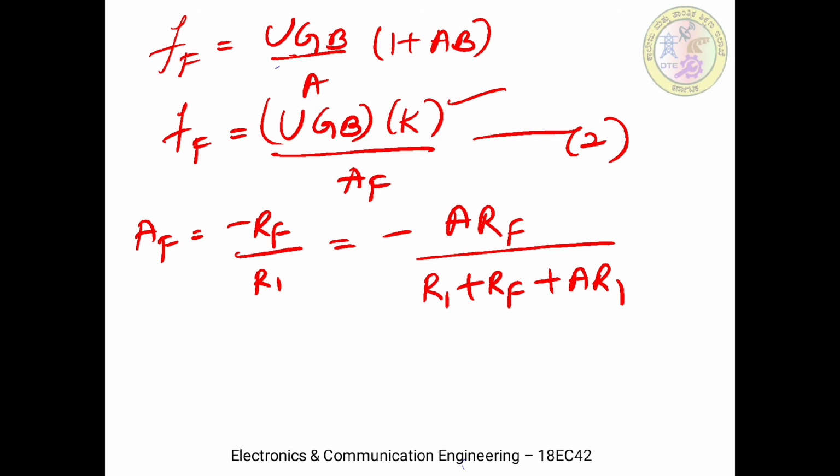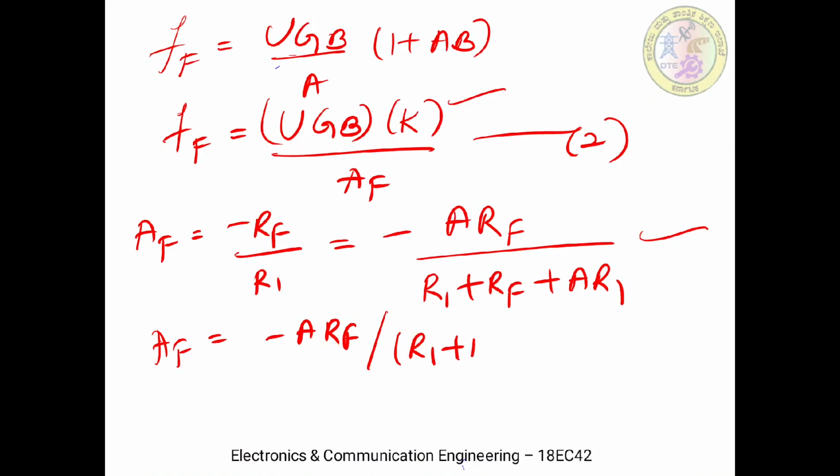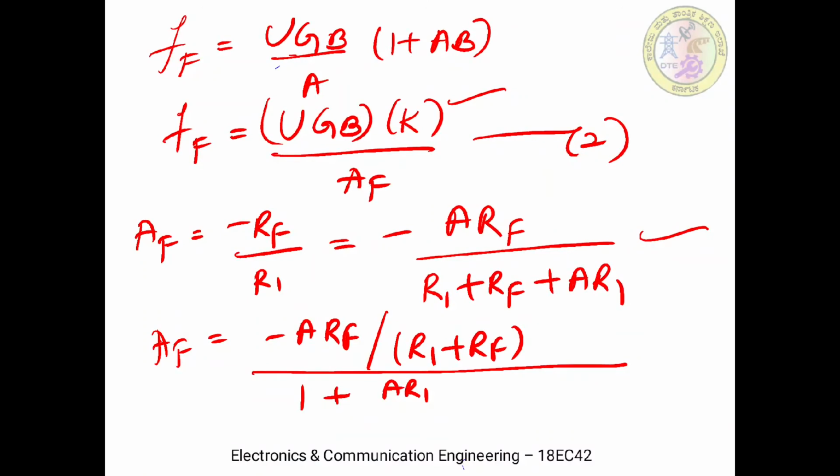Now let us consider that AF is given by A RF by R1 plus RF plus A R1. In this expression, let us divide numerator and denominator by R1 plus RF. That is, AF is equal to minus A into RF divided by R1 plus RF, and similarly in the denominator also, divided by R1 plus RF.